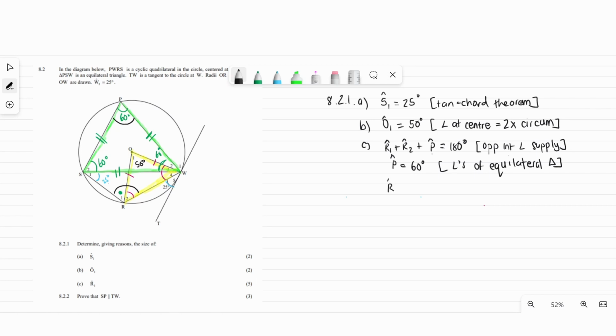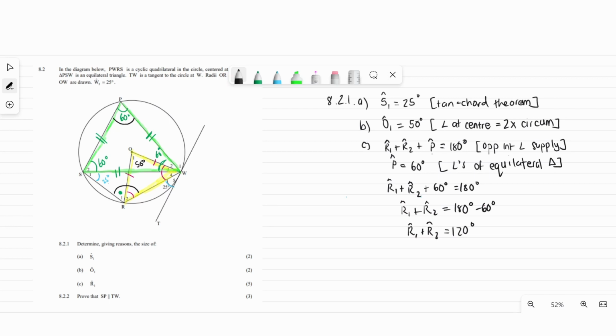Angle R1 plus angle R2 plus 60 degrees is equal to 180 degrees. Therefore, R1 plus R2 is equal to 180 degrees minus 60, making R1 plus R2 equal to 120 degrees.